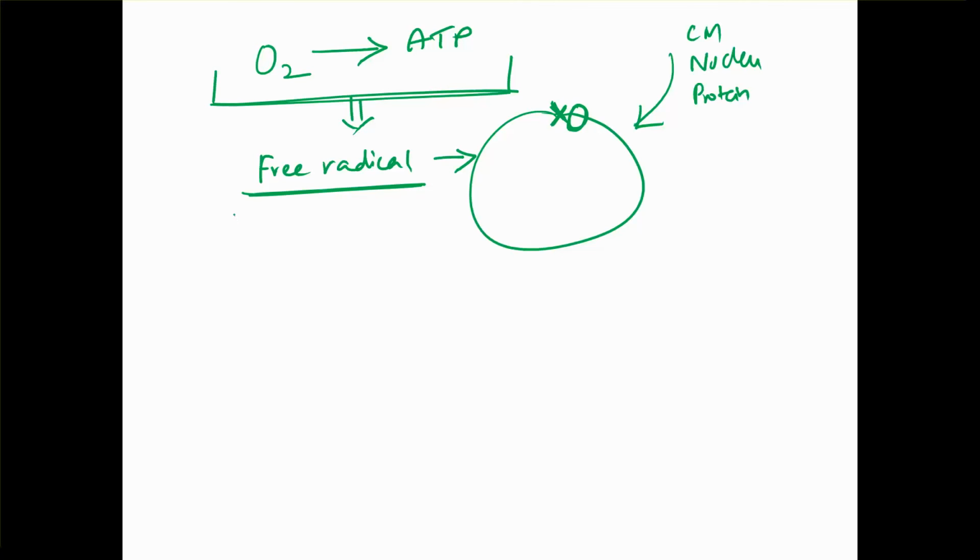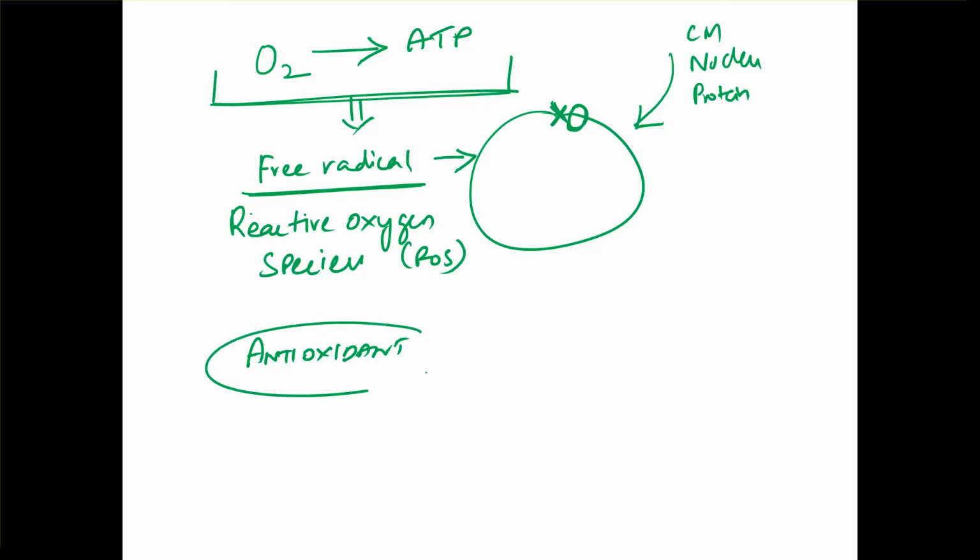These free radicals in oxidative phosphorylation produce a substance called reactive oxygen species, otherwise called ROS. When reactive oxygen species are produced, they have to be balanced by an antioxidant. The antioxidant donates electrons. An example of one antioxidant is glutathione.